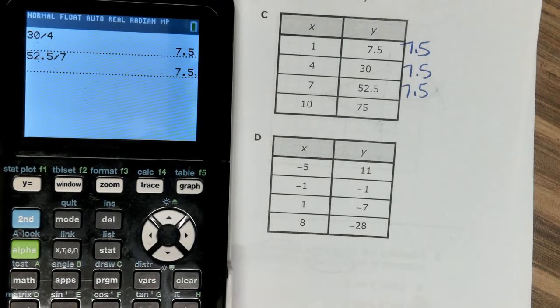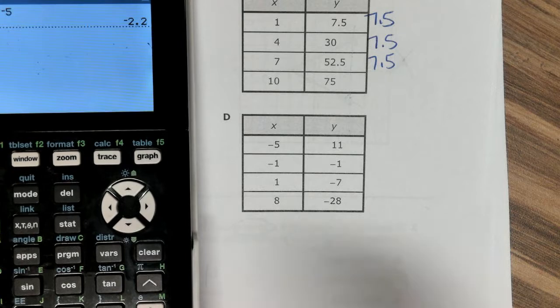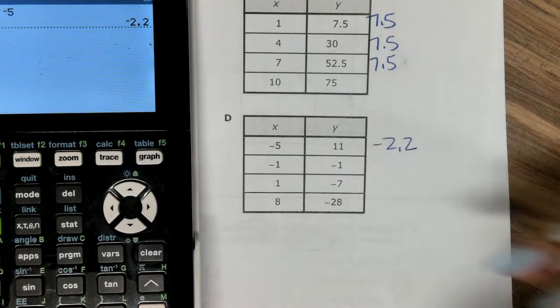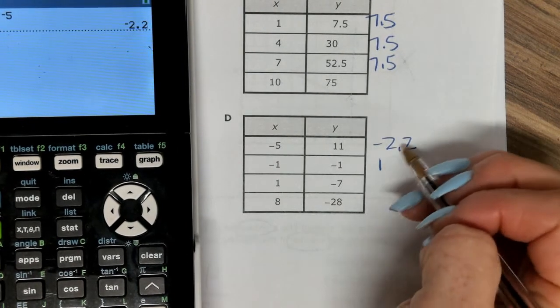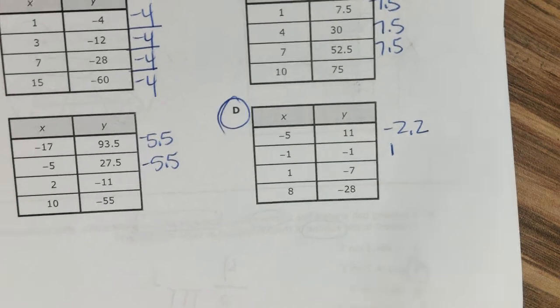That looks like it's going to be proportional. Let's check D. 11 divided by -5. Oh, look right there. That is non-proportional because they are not the same when I divide Y divided by X. Any questions? All right, moving on.